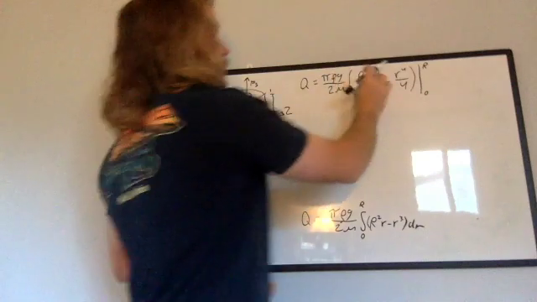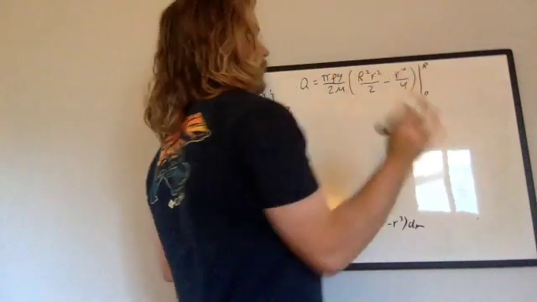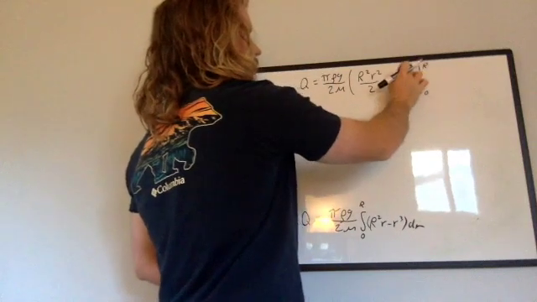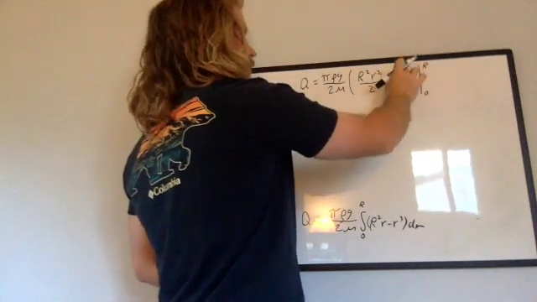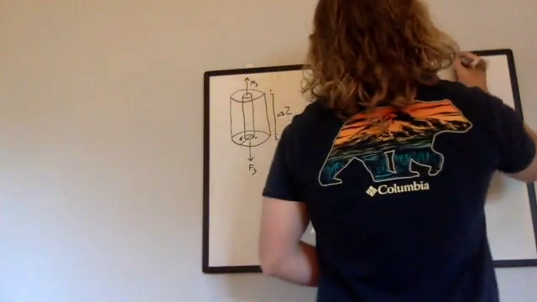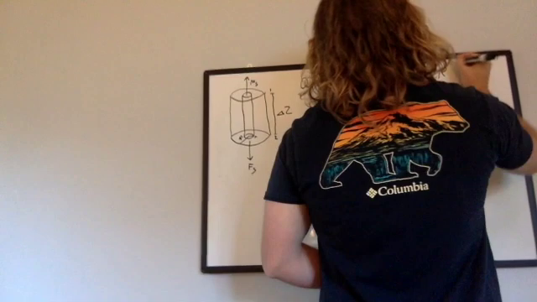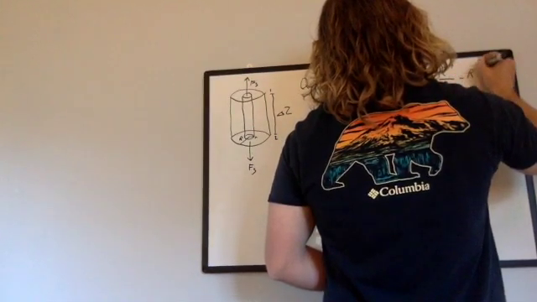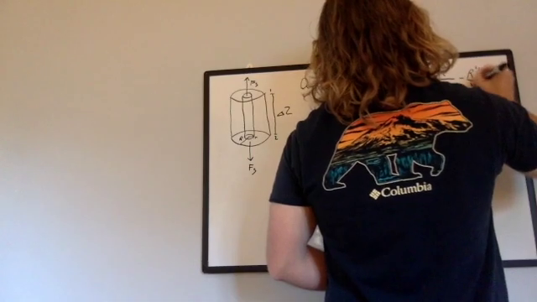So this is going to become big R to the 4th over 2. And then plugging in big R for little r, this is going to be big R to the 4th over 4. So pretty much what this is going to become is big R to the 4th over 2 minus big R to the 4th over 4.